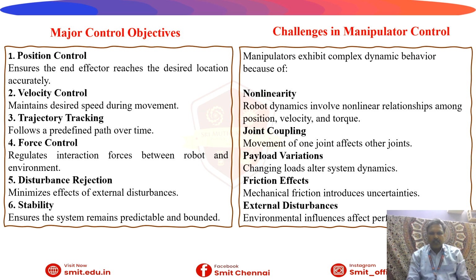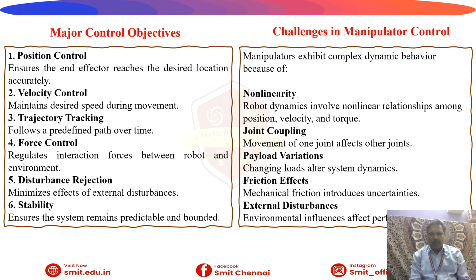Now the main control objectives. On the left-hand side of the slide we can see position control, which ensures the end effector reaches the desired location accurately, confirming whether we have reached the proper place or not. Velocity control maintains the desired speed during movement. Trajectory tracking follows a predefined path over time.